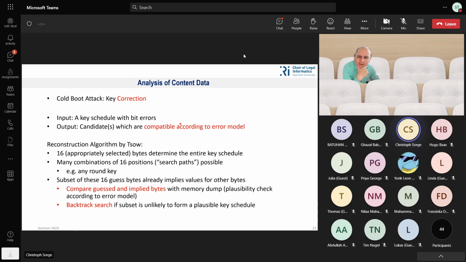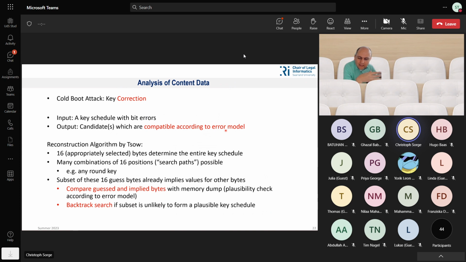So that means the candidates that we output might be valid key schedules that were altered by the errors introduced during the cold boot attack.